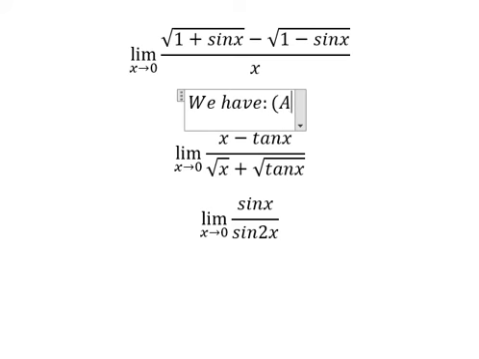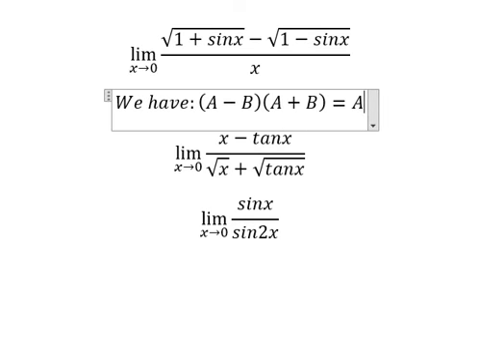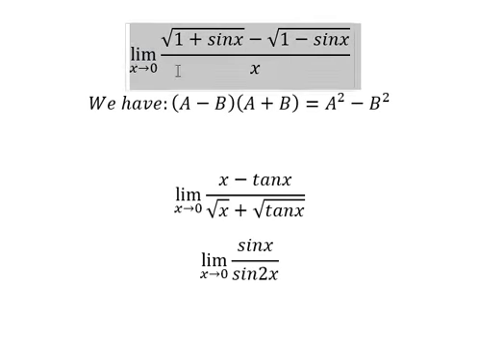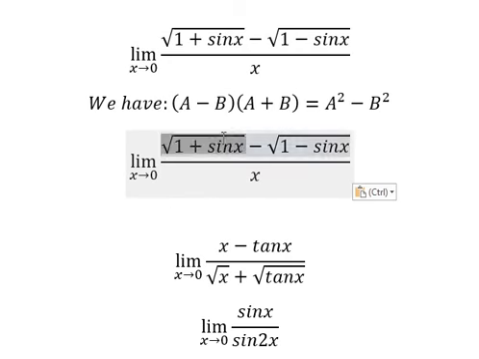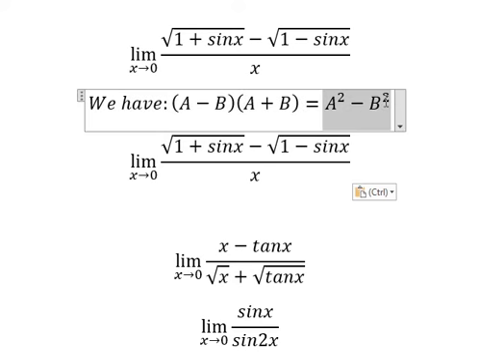That's about a minus b multiplied by a plus b equals a squared minus b squared. So we just have only a minus b. To create a squared minus b squared, we need to multiply by a plus b.